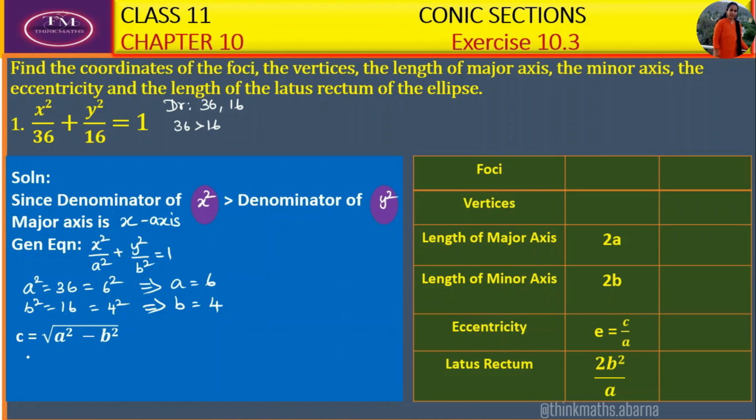Next step, we have to find the value of c. c is the square root of a square minus b square.